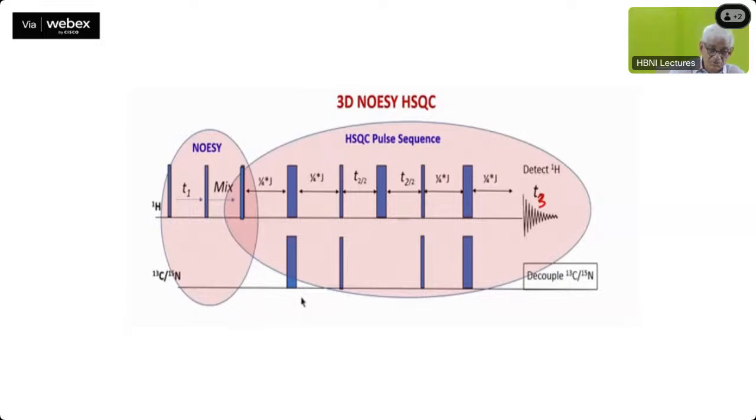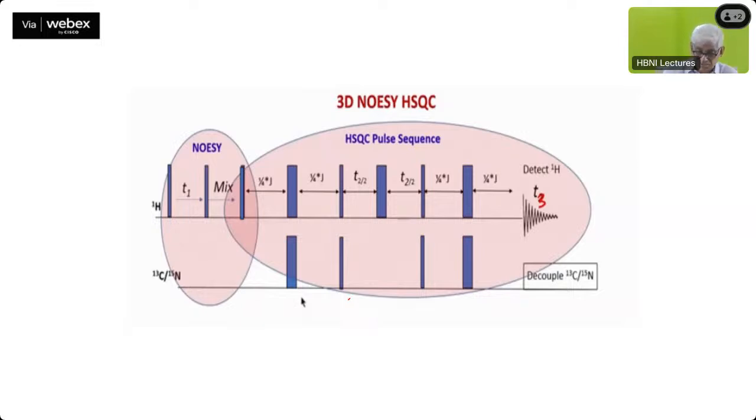So what you do is you generate the NOESY mixing here, where you excite the protons, amide protons, and then you relay the information to other protons. Okay, and then you can transfer that information to the heteronucleus, label the heteronucleus here, transfer it back to the proton, refocus here, and collect the data here.